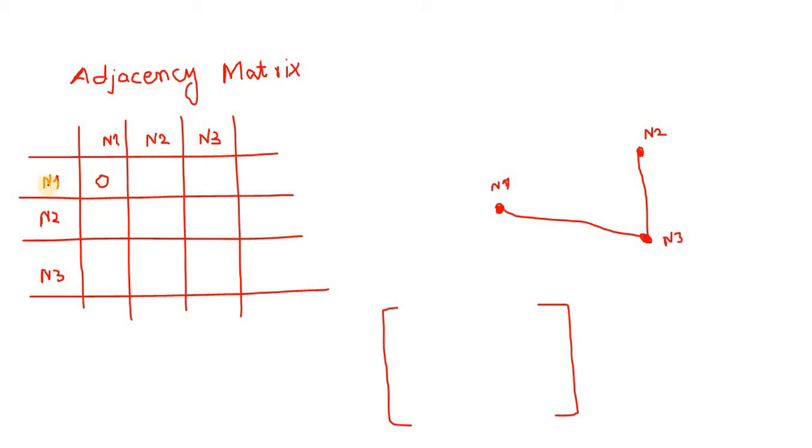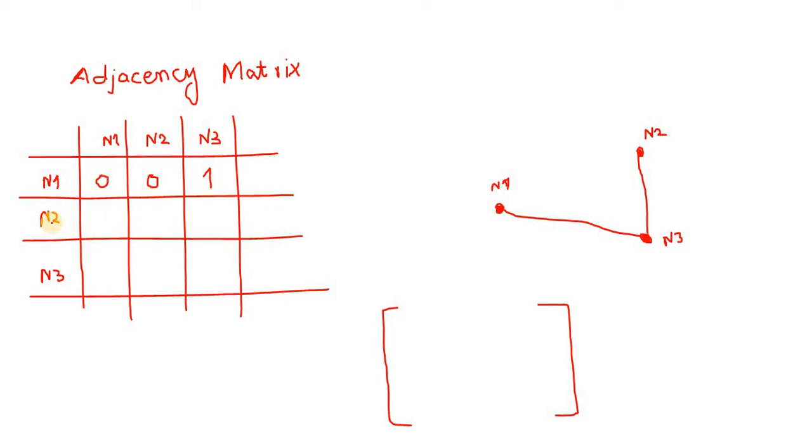And then we look for, is there a relation between n1 and n2? No, because n1 and n2 are not connected using an edge. So there is no connection, it means 0 here. And then we see the relationship between n1 and n3. So n1 and n3 are connected by an edge. It means they are adjacent, they have a connection, so here it will be 1.